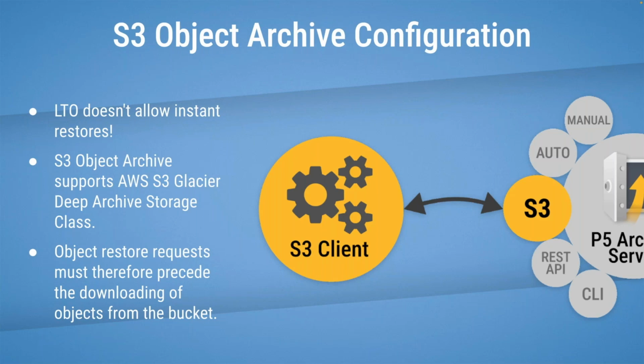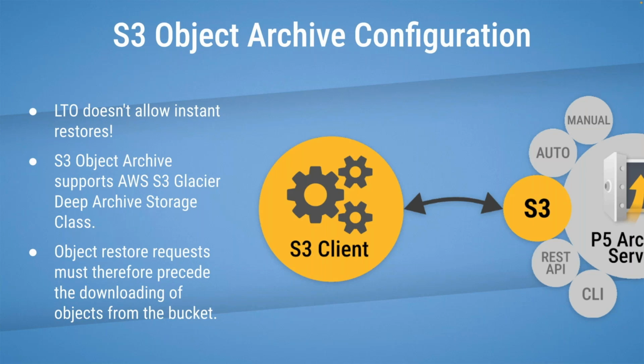With this S3 API call, you first of all request objects that you wish to restore, and then you come back later when the system has had time to recover them from tape, and then you can access those objects in the bucket in the usual way.